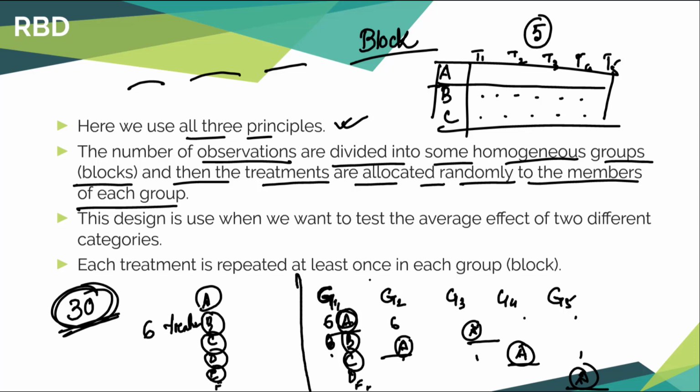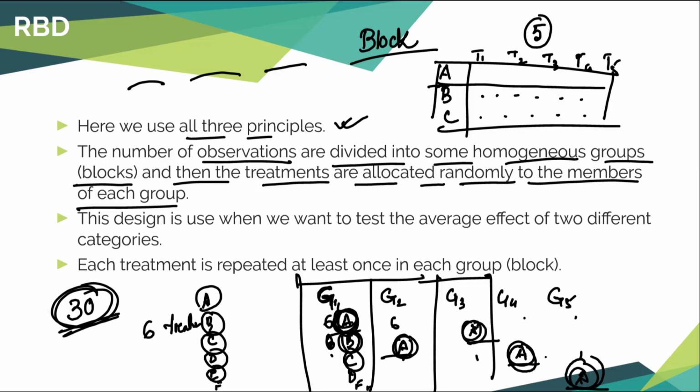So we are making homogeneous groups. So we are applying local control, right? Every member is randomly allocated a treatment. So we are using the concept of randomization, and one treatment is allotted to more than 1 individual. So we are using the concept of replication.